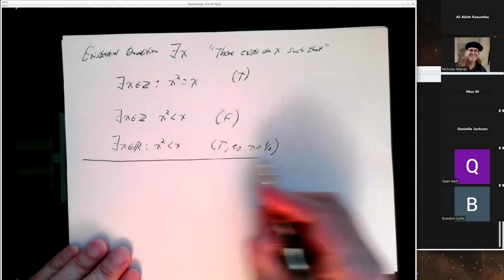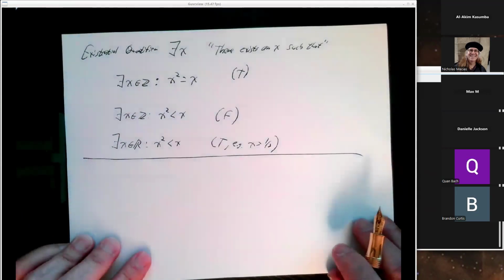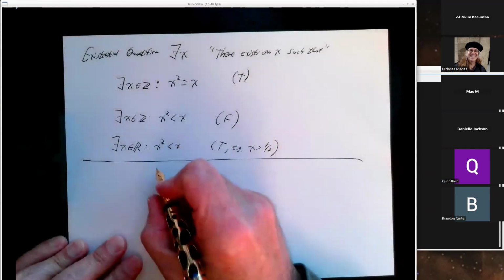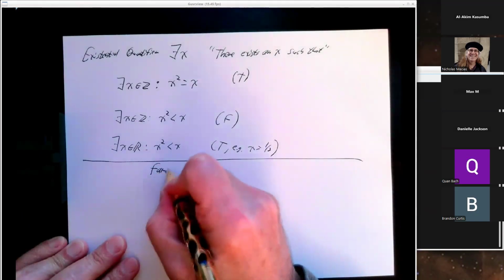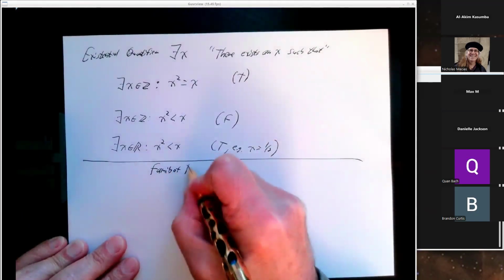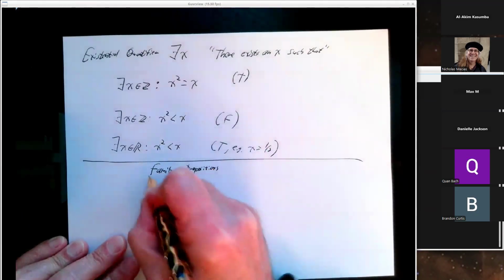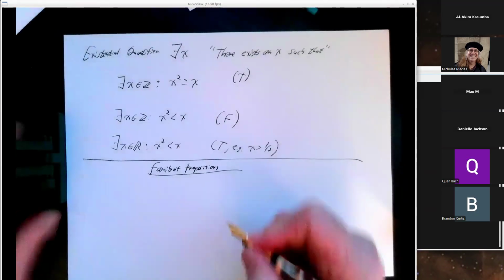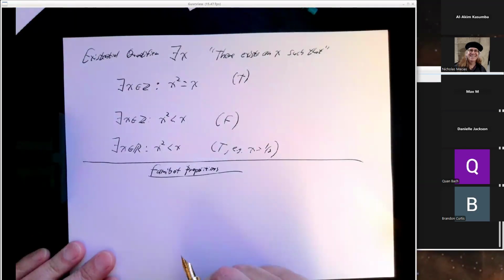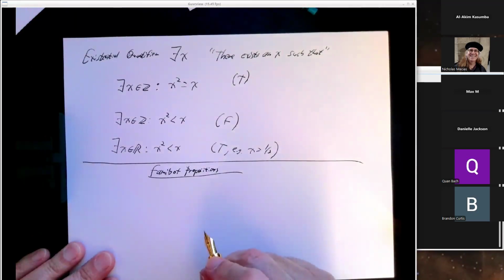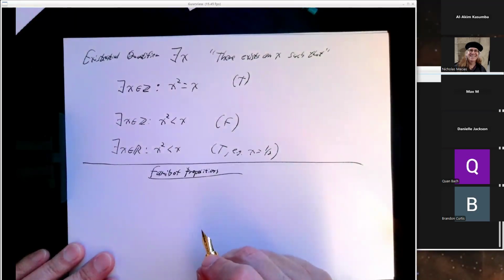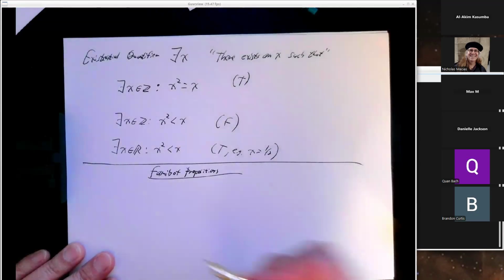All right, good. So we'll sometimes use these quantifiers with what we can think of as a family of propositions. A family of propositions is a collection of propositions that we can write typically using a variable.